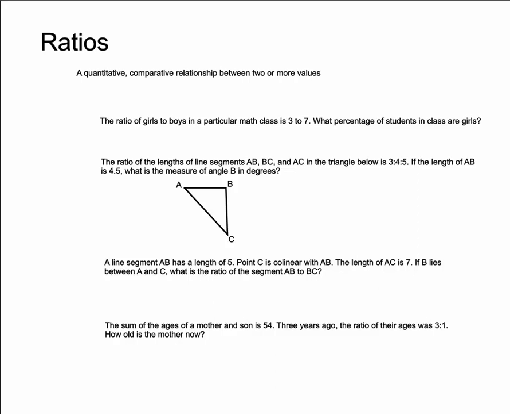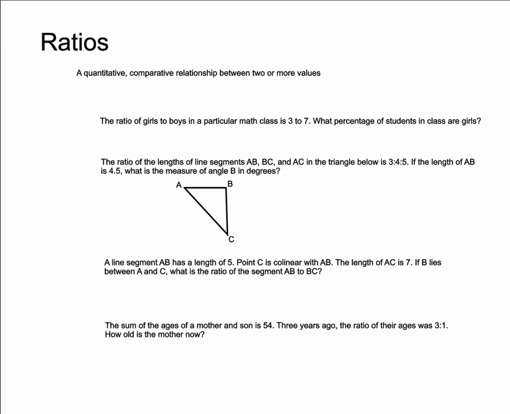The most common mistake on this type of question is to take 3 and divide it by 7 and then multiply by 100 to get the percentage. That would be incorrect because what we have here is a ratio of 3 girls and 7 boys.